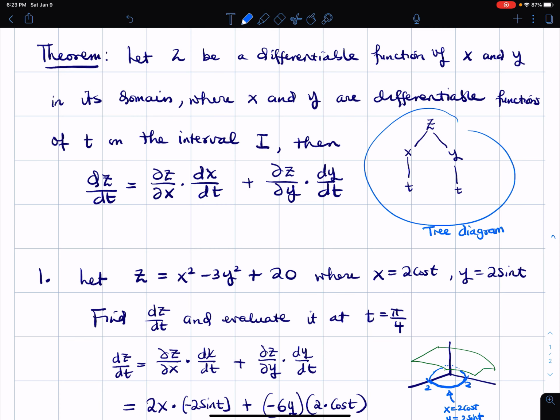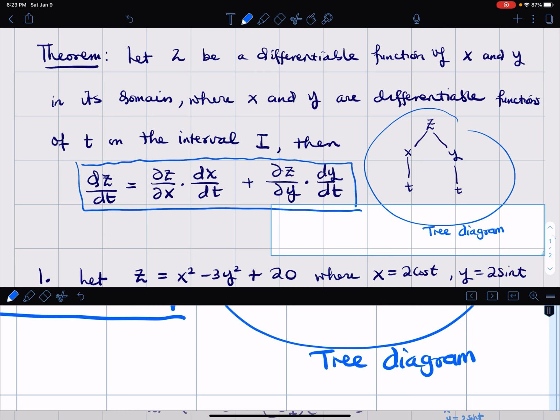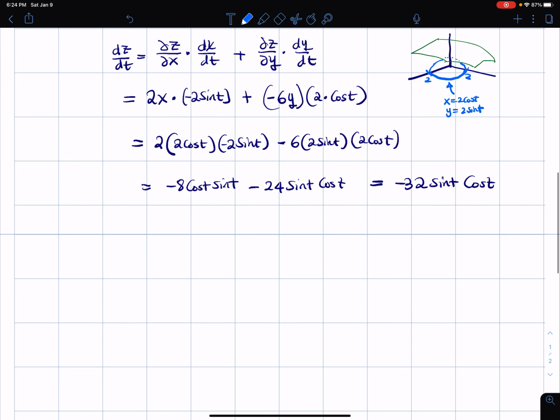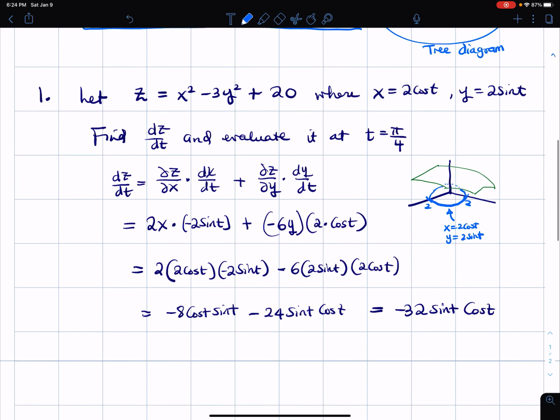X is a function of t and y is a function of t. If that's the case, this is how you find the derivative with respect to t. Now, how about this?